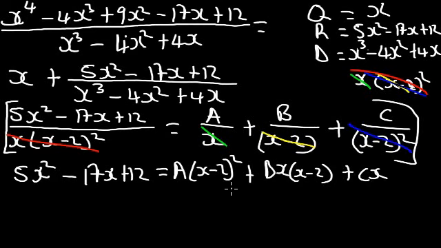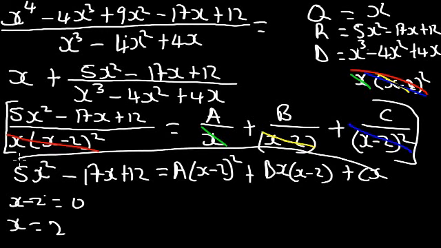So that's it. Now let's solve for each and every of the constants a, b, and c. So first, let's determine the value of c, because that's one of the best ones we can determine first. So to determine the value of c, this has to be 0, this has to be 0. For that to be 0, we can set x minus 2, since they have it in common, equal to 0. And x has to be equal to 2.